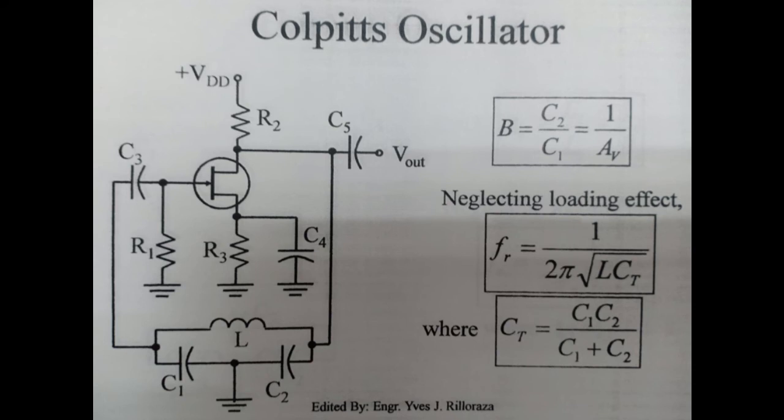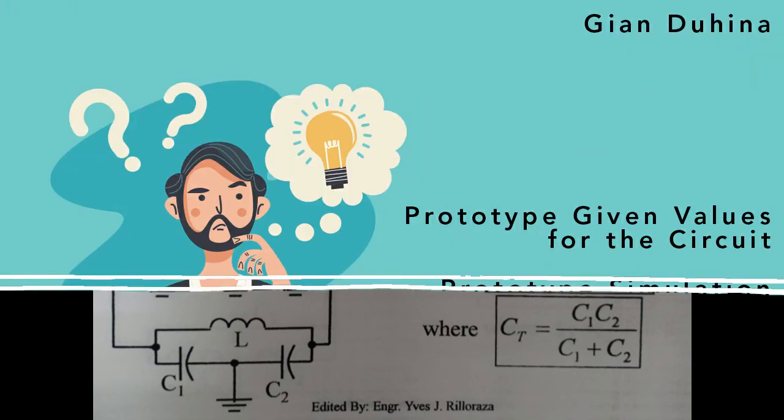In calculating the frequency response of the oscillator, we use the formula 1 over 2 pi square root of inductance times the total capacitance, where total capacitance is the product of C1 and C2 over the sum of C1 and C2.